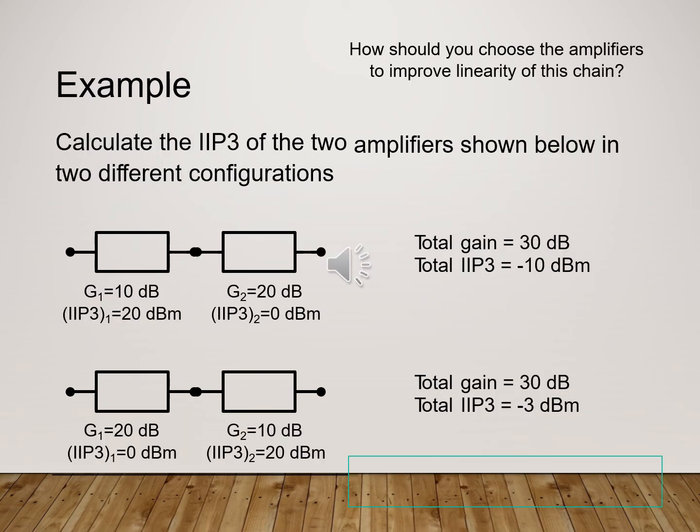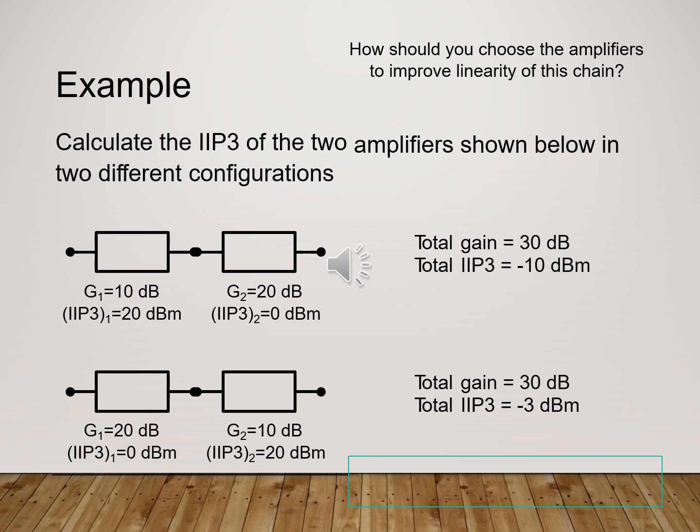Please solve this example on this slide and pay attention to your observations. In the first case we have two stages. One stage has G1 equal to 10 dB and IIP3 equal to 20 dBm, and the other has G2 equal to 20 dB and IIP3 equal to 0 dBm.